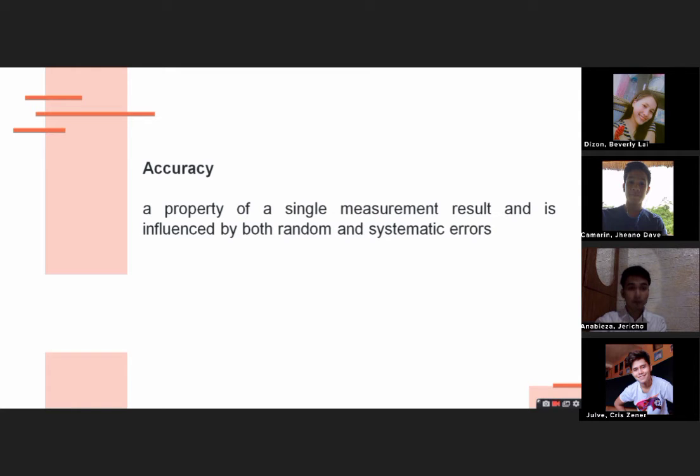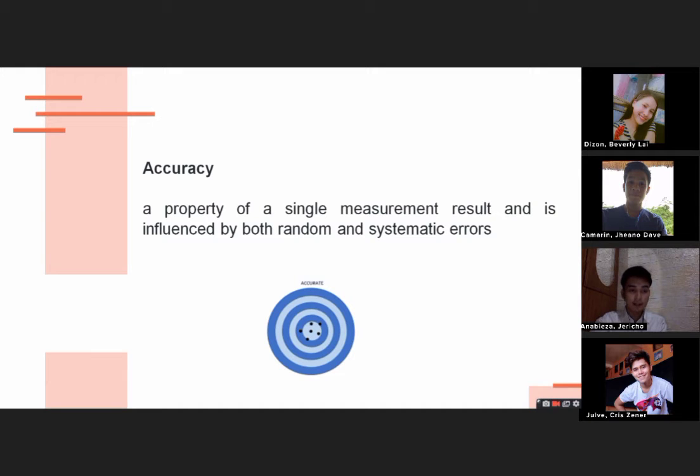So, in short, accuracy is how close a measurement or attempt is to the actual or target value. I have an example here. Here we have a dart. As you can see here in the dart, the target is the very center.